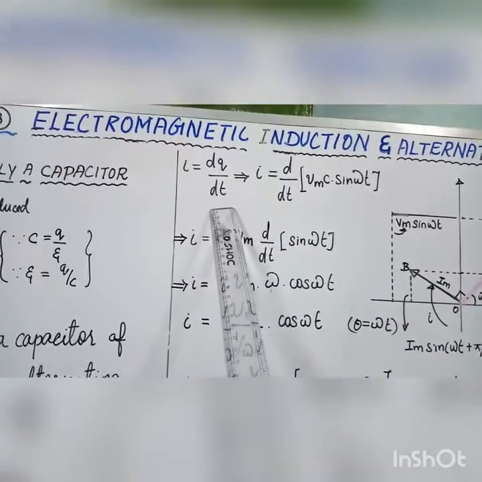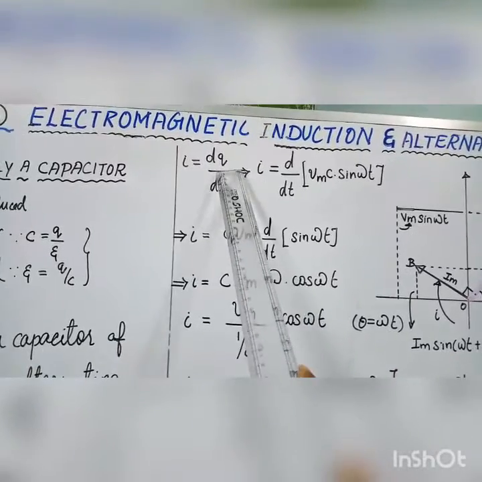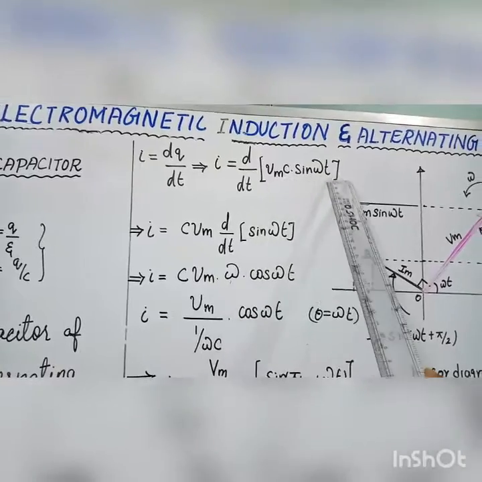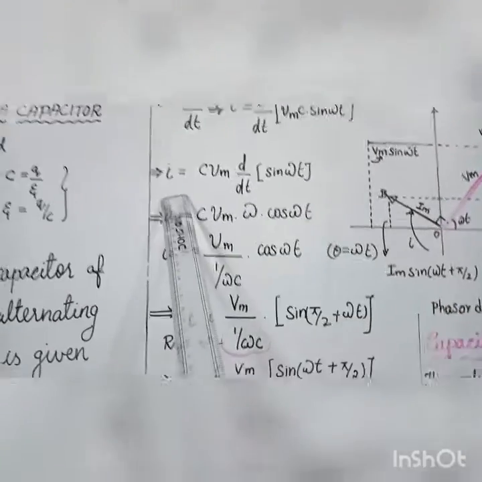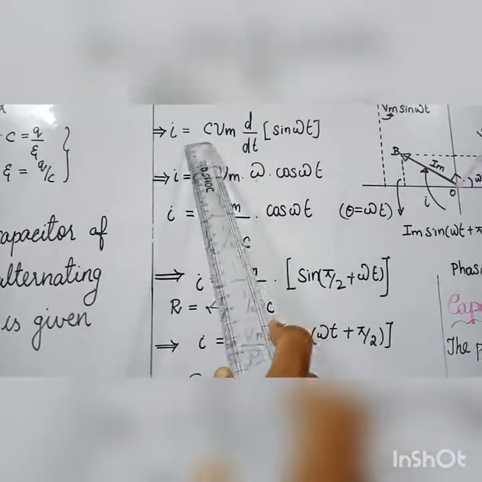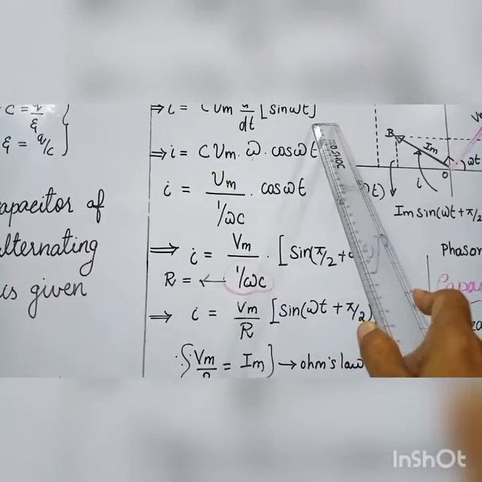Substituting the value of Q, I is equal to d by dt of C Vm sin omega t. Take the constant values outside: C Vm d by dt sin omega t.